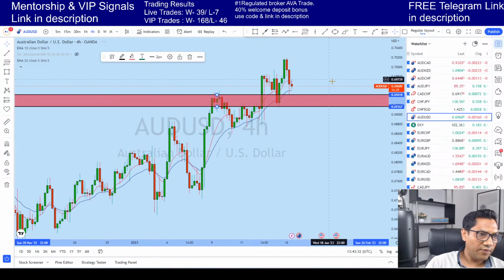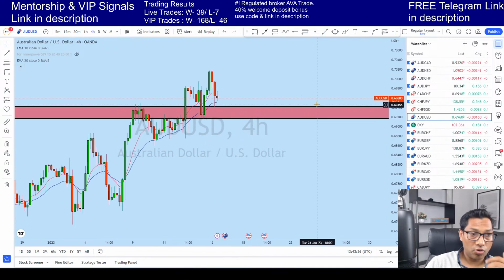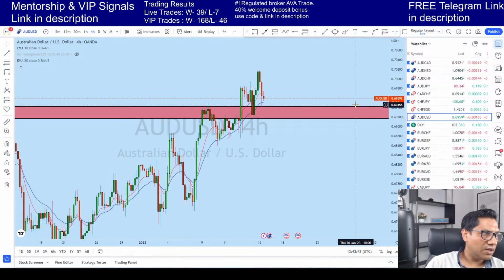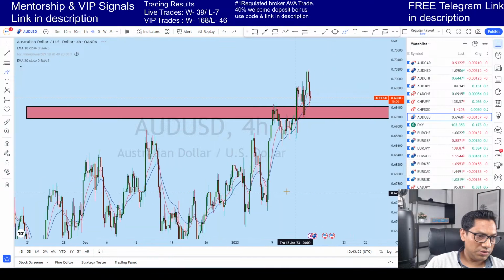So if you look at lower time frame, what I would say is that if AUD USD is not reversed, like if gold reverses, DXY reverses, GBP USD, all those reverse, then AUD USD also might reverse, might drop like that, and then even come back to this baseline here.